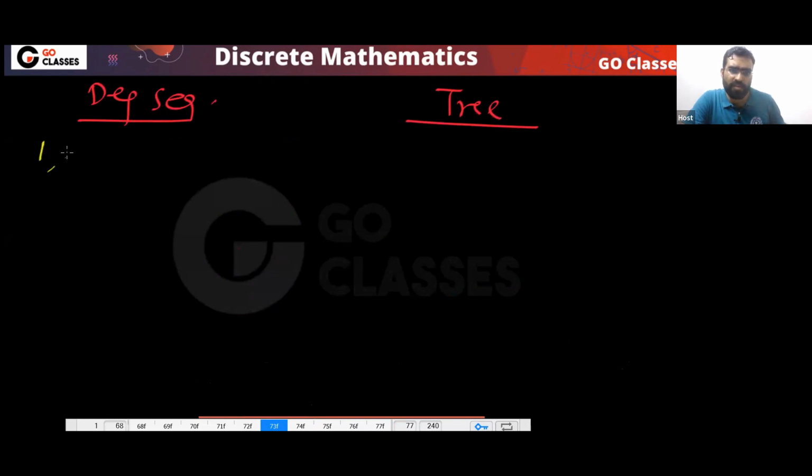Now you can take some examples. Suppose you have a degree sequence and you tell me, can you create a tree for that degree sequence? For example, this degree sequence: 1, 1, 3, 2, 4, 5, 6, 7. So tell me, can we create a tree for this degree sequence?